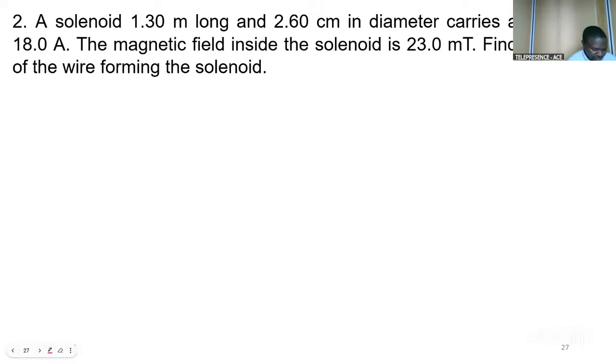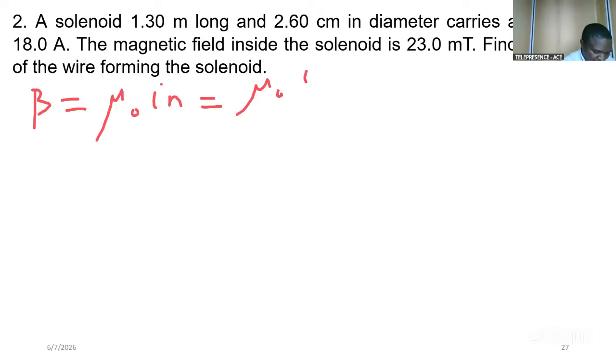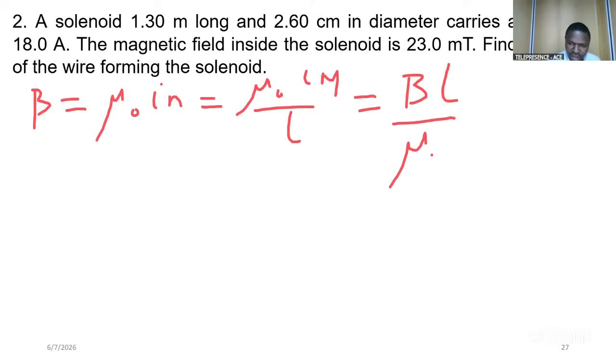If we do the substitution, we know that B is equal to mu naught I N all over L. We can now say N is equal to B L all over mu naught I.